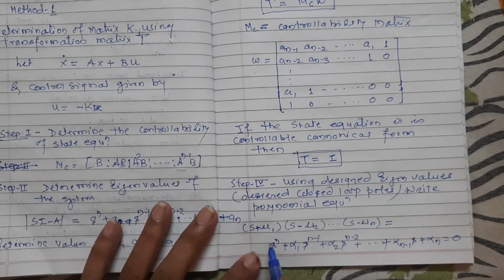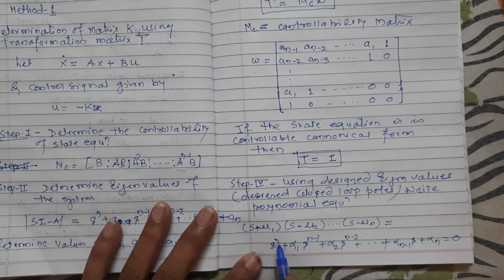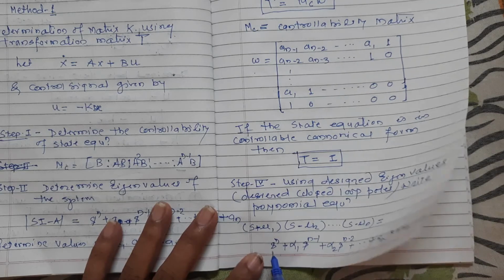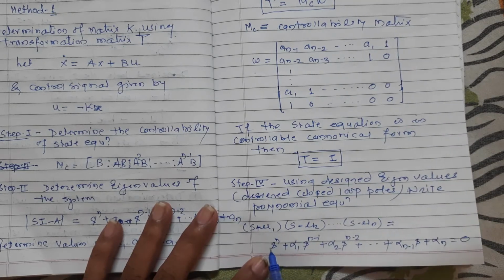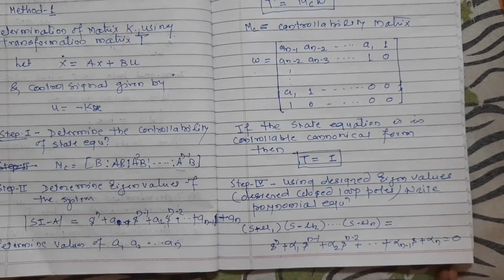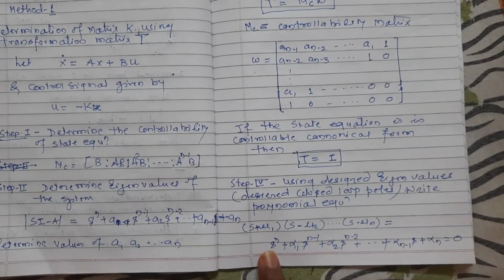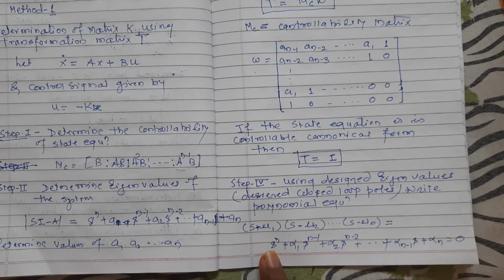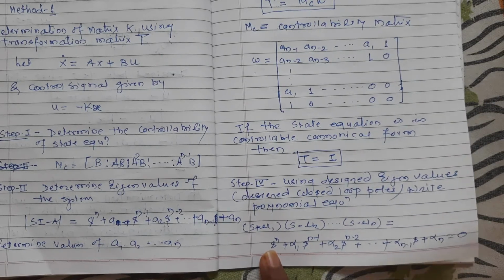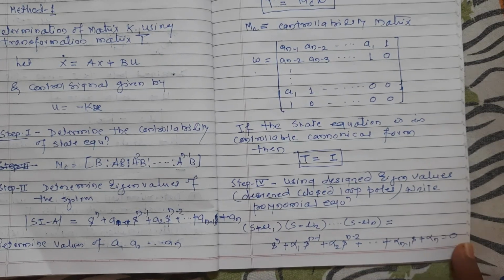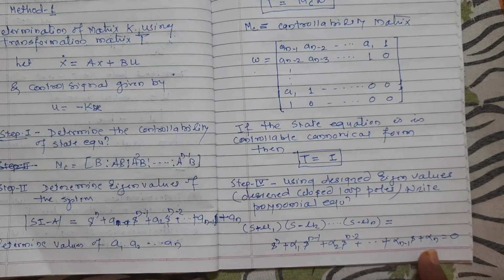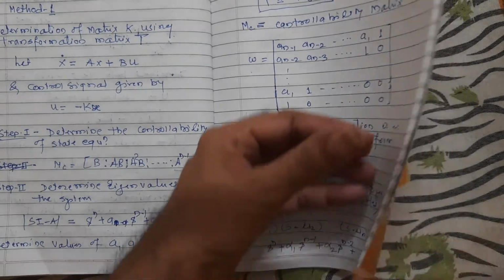Now see here, the first element of this polynomial equation has coefficient 1. Always remember the highest order coefficient must be 1. Then we will find α1, α2 up to αn from this.